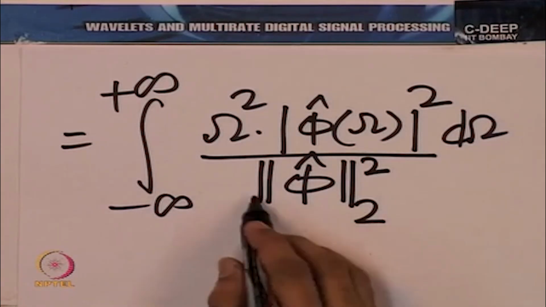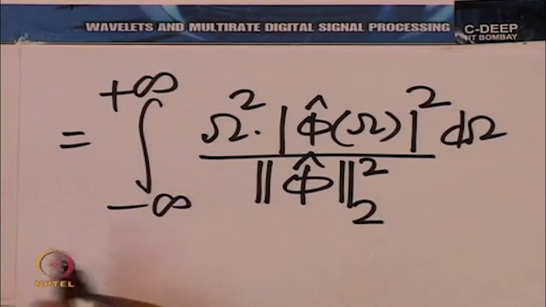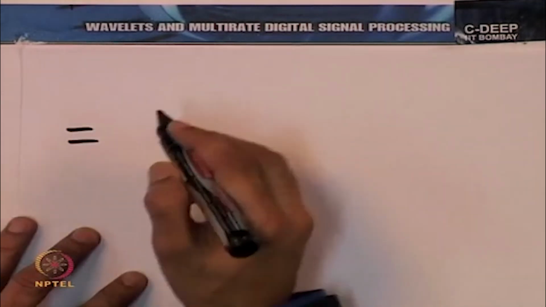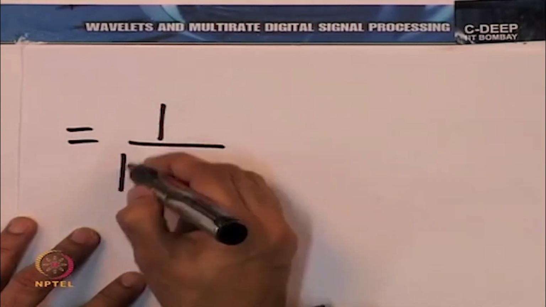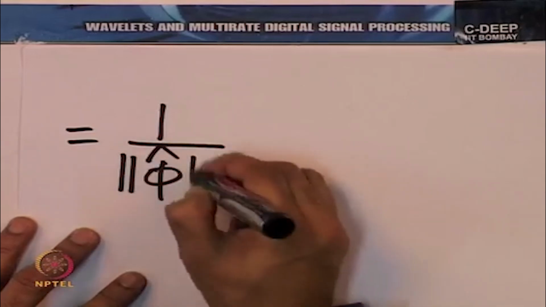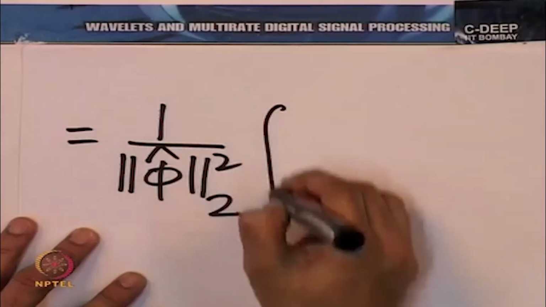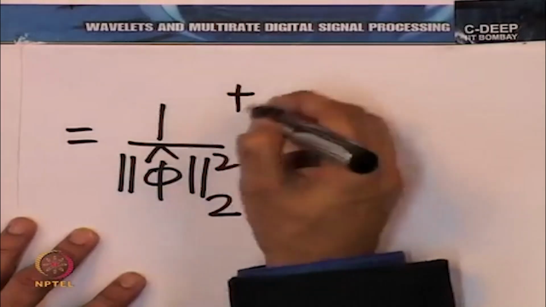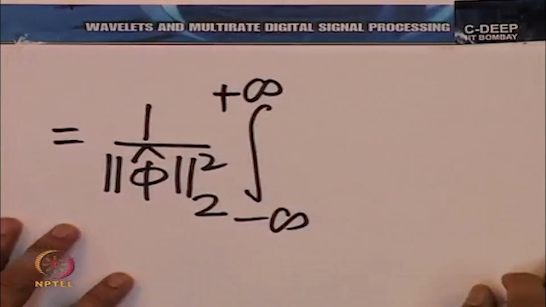Now, this norm is a number, it can be brought out of the integral. So, I can rewrite this as 1 by norm of phi cap squared times the integral, and I will also do a little bit of rearrangement in the integral.